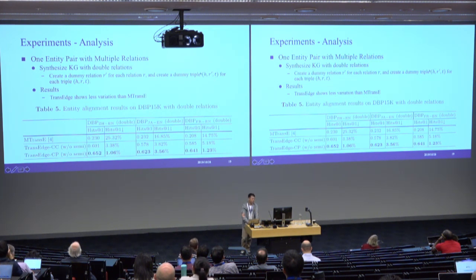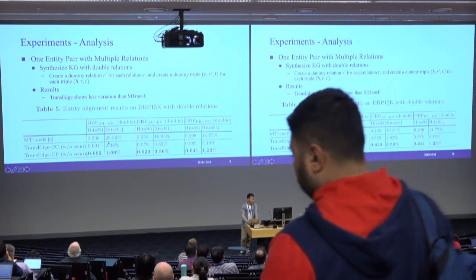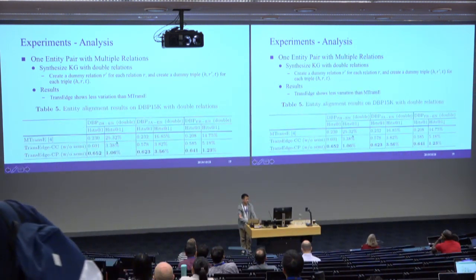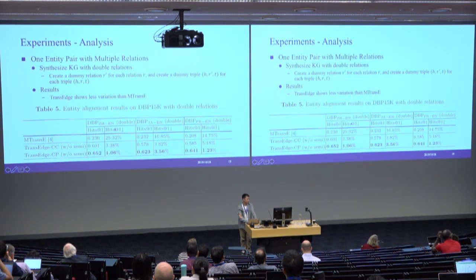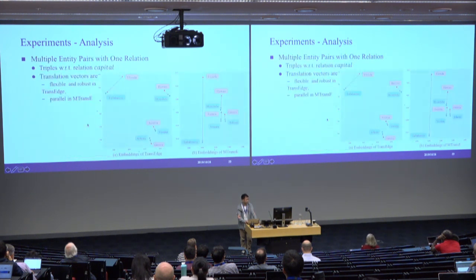So the new knowledge graph has the same semantic knowledge as the original one. However, the structure is much more complex. As we can see in this table, the performance of MTransE significantly dropped, especially here, and it is very apparent. However, TransEdge shows less variation than MTransE. It shows that our model can tackle very complex relation structures.